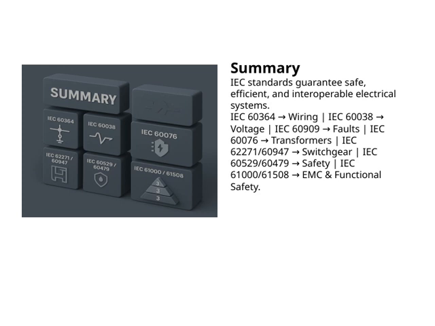Lastly, IEC 61000 and IEC 61508 focus on electromagnetic compatibility and functional safety, which are especially critical in our increasingly interconnected world. Overall, these standards form the backbone of reliable and safe electrical systems, tying everything together in our effort to create safer, smarter, and more efficient electrical infrastructure.